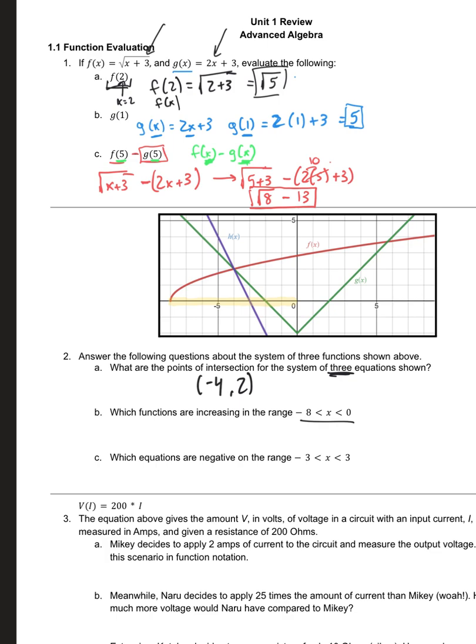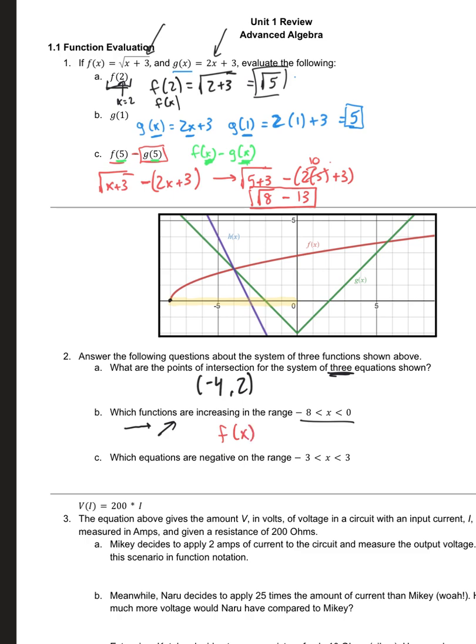Well, remember we read the graph left to right, and we say, is it going up in that time? Okay, so if we start over here on red, it's going up. See how the y values are getting higher as the x values are going to the right. Okay, so I would call function f of x in red. Say yes, f of x is increasing.